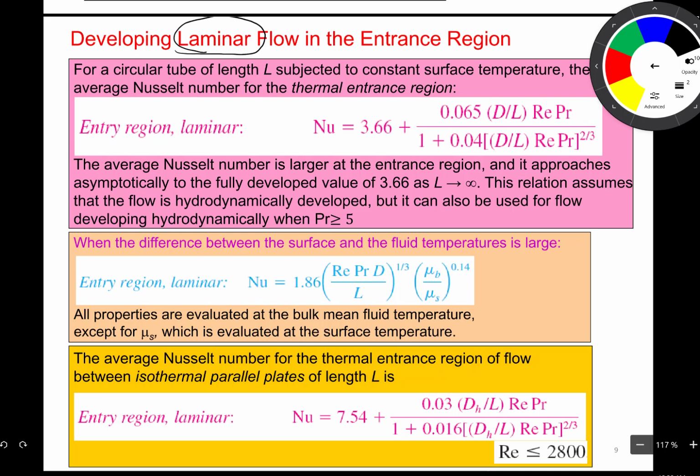We know it's laminar. And we know it's thermally developing. So it is developing flow. So which correlation should we use? Yes, we should use this correlation because it is hydrodynamically developed and thermally developing.